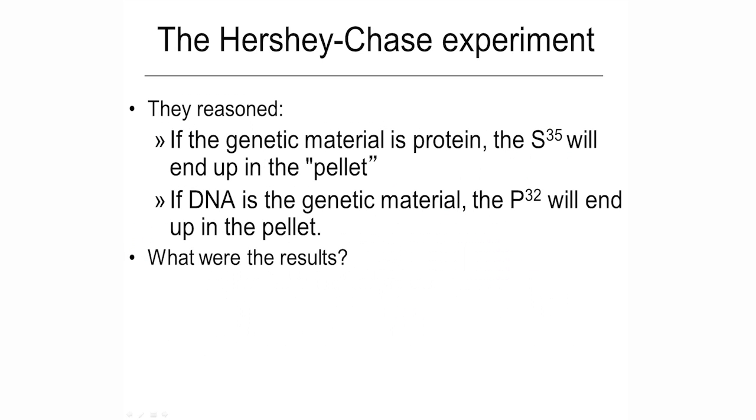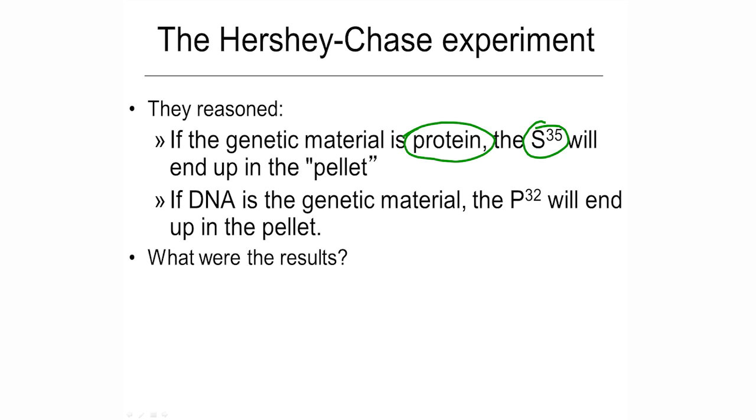And their reasoning was the following. If the genetic material in fact is protein, then in the strain that has the radioactive sulfur, that will end up in the pellet. The pellet just means, when you centrifuge something, the part that ends up at the bottom. It's the cells in this case. So in other words, if that pellet is radioactive when you use the sulfur-labeled strain, that implies that it was the protein that got inside of the cell.